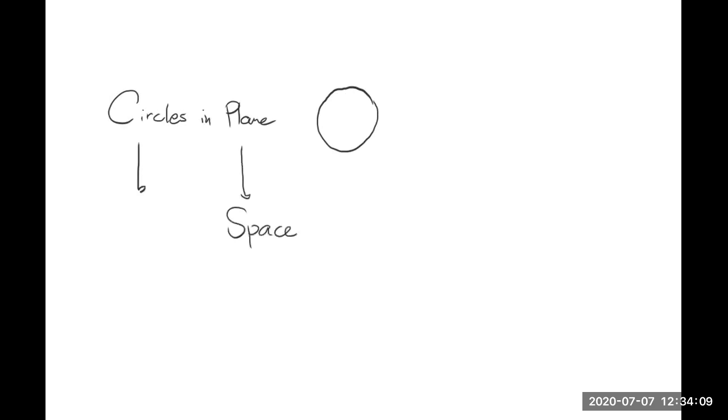Okay, so we have circles in the plane, which look like this. If we go one dimension higher to space, rather than a circle, we would have a sphere. So we have spheres in space.